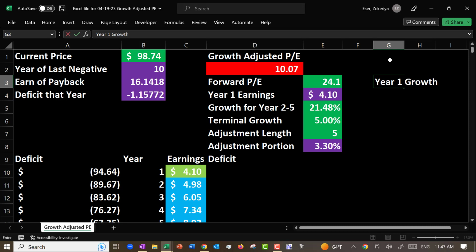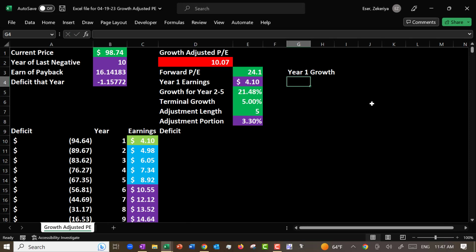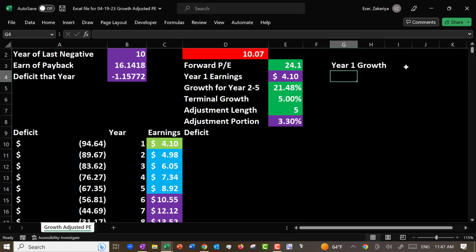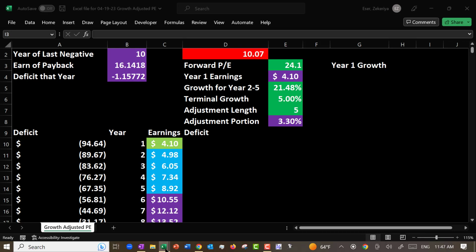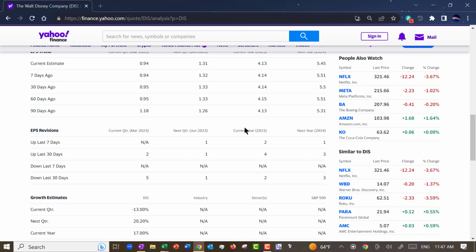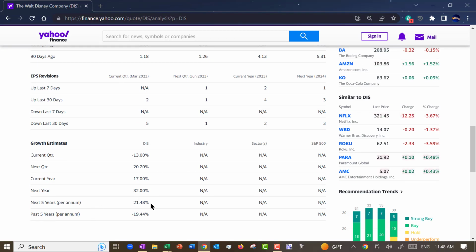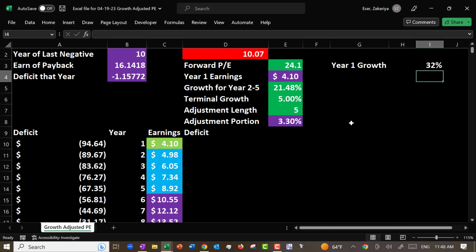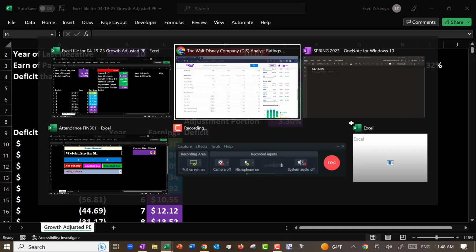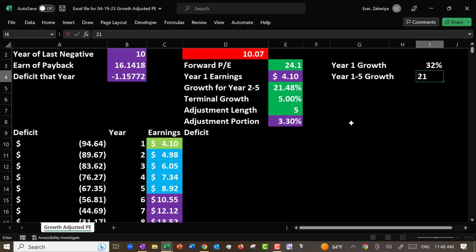Let me make this a bit smaller. 32%. $21.48. From that, I'm going to actually figure out years 2 to 5 growth.